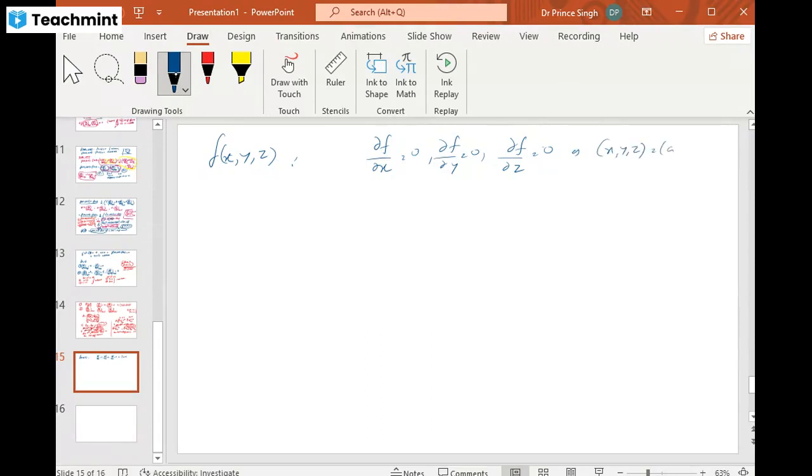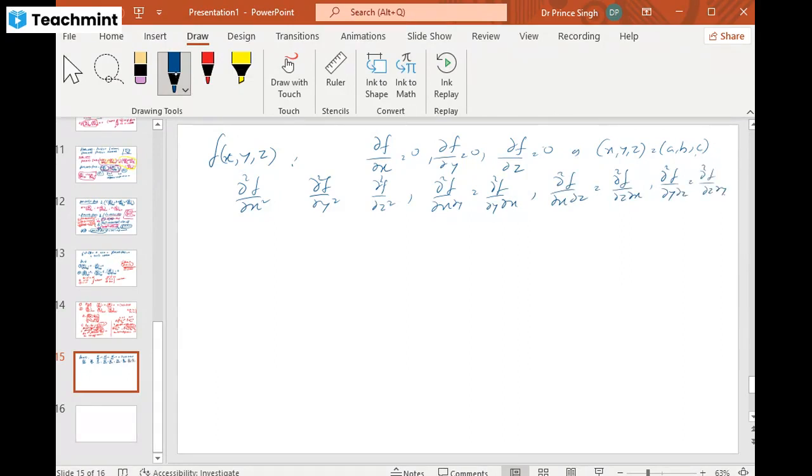Say this is the point A, B, C. Then we find the second order derivatives: fxx, fyy, fzz, fxy which is the same as fyx, fxz which is the same as fzx, and fyz which is the same as fzy, right?